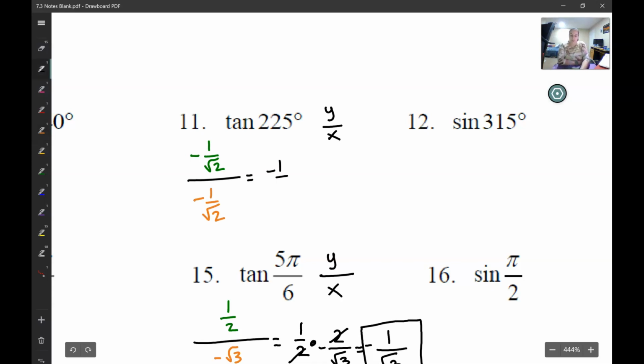So leave, flip, change: leave the numerator, flip the denominator, change the division to multiplying. And now I have a root 2 on bottom and a root 2 on top that are going to cancel. And I have a negative times a negative, which is going to make a positive. So this is actually just going to be a positive 1, because I have a 1 on top and a 1 on bottom. 1 divided by 1 is just a positive 1.